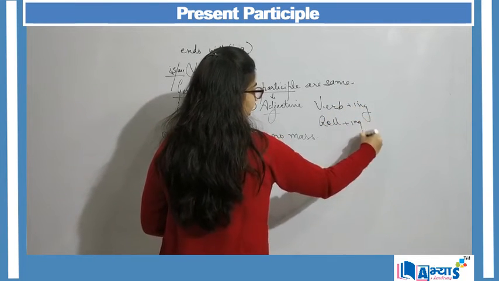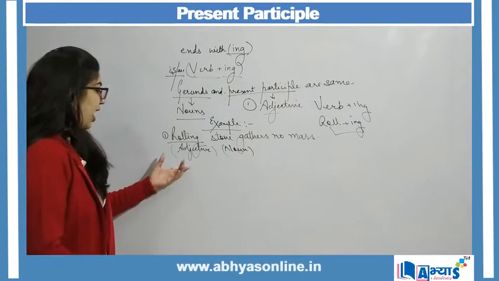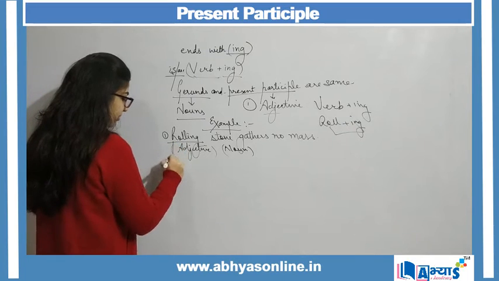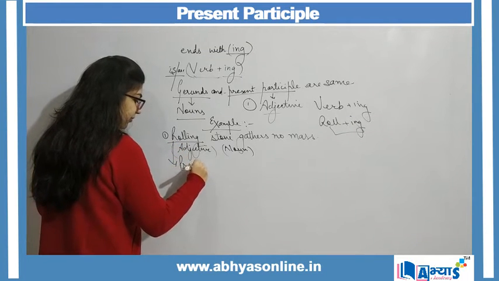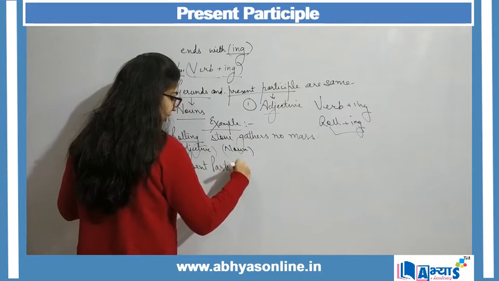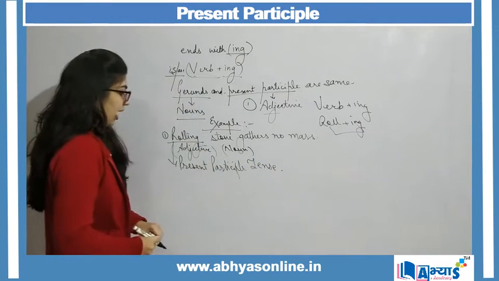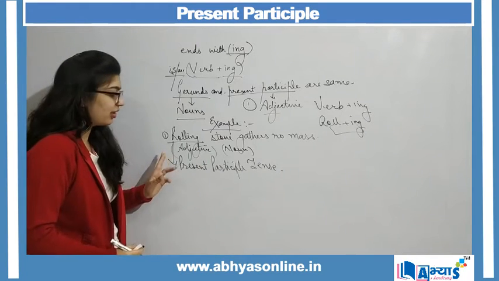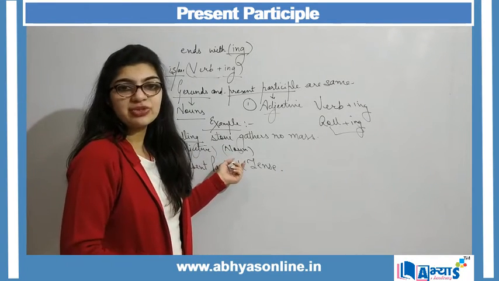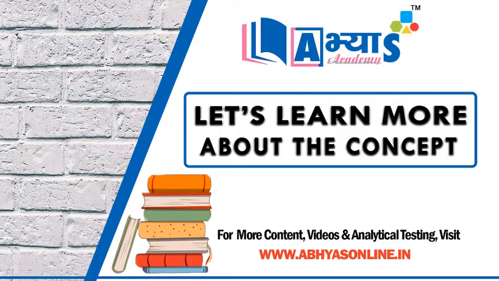So this is my present participle form. Therefore, I can say that rolling is my present participle tense, which acts as an adjective. Why? Because it describes the noun and my noun over here is stone.